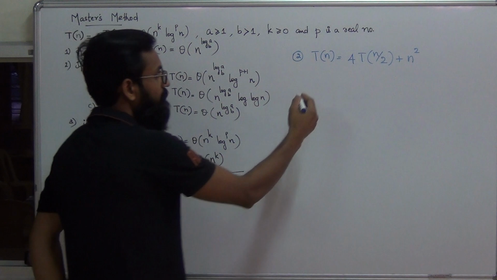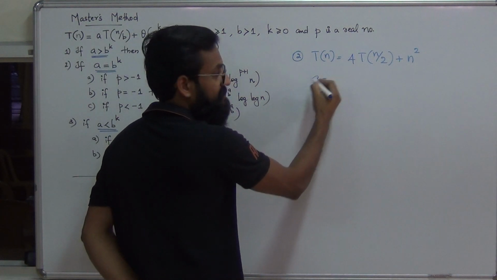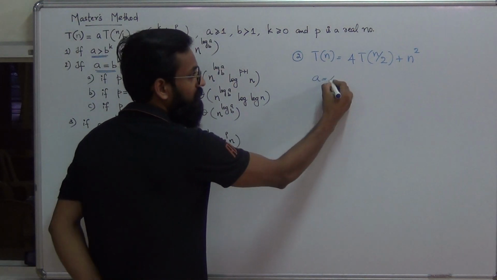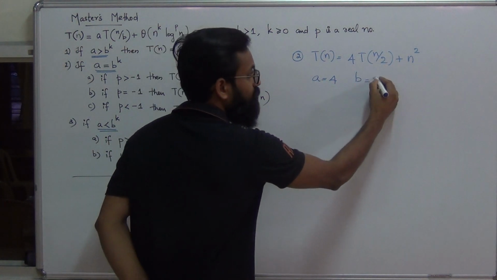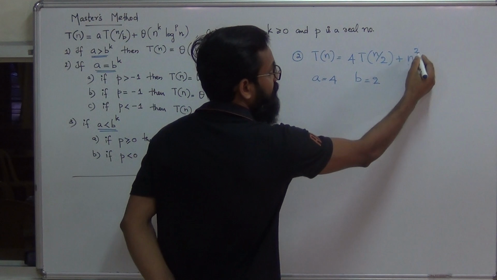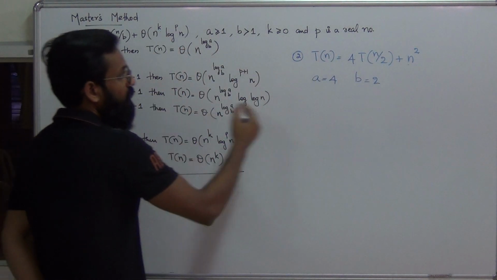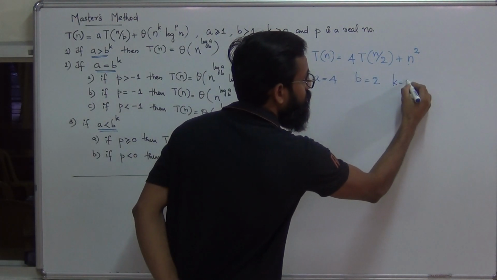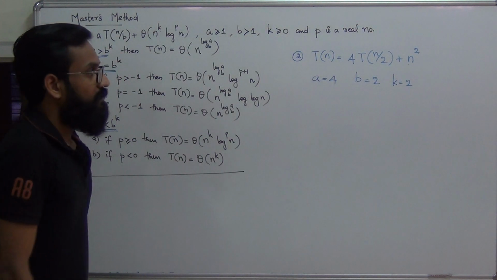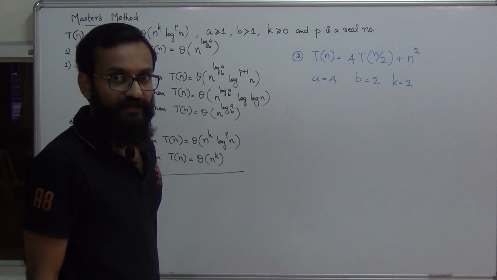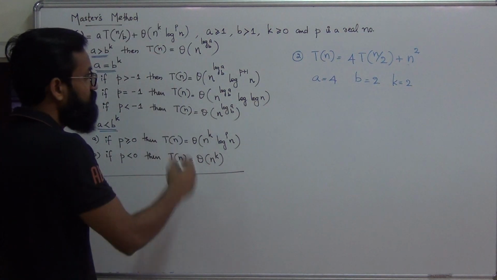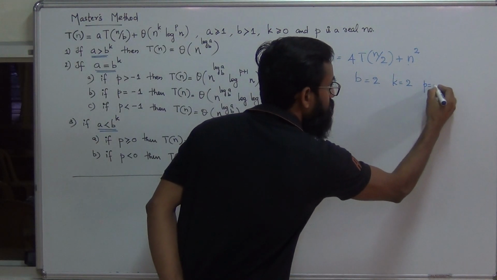So here what is a? a is equal to 4. What is b? b is equal to 2. n raised to k, so k is equal to 2. What about p? We do not have any logarithmic term there, so p is equal to 0.